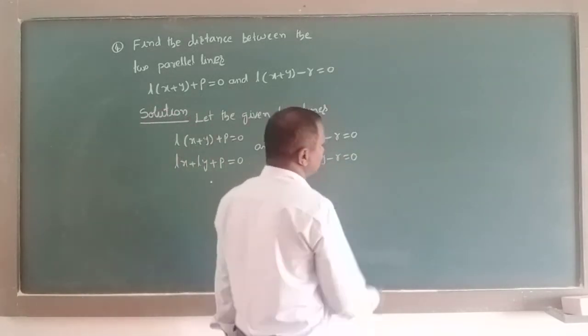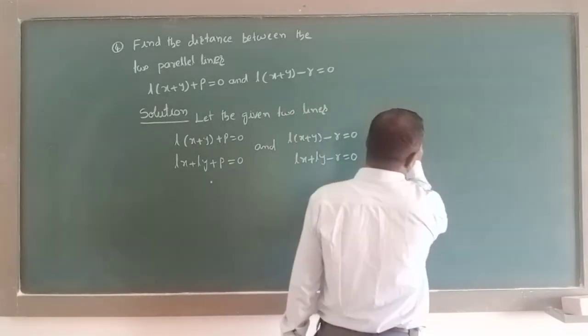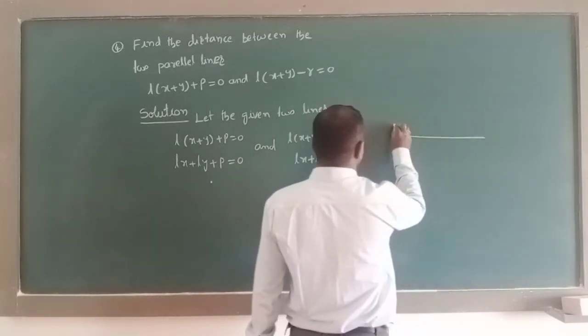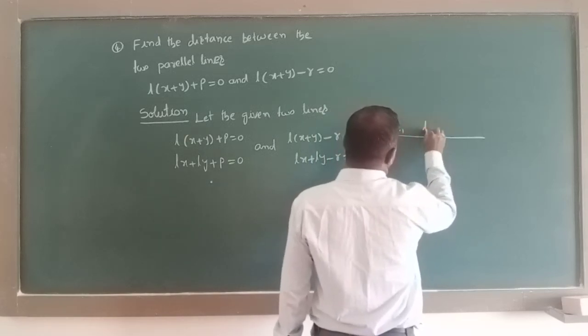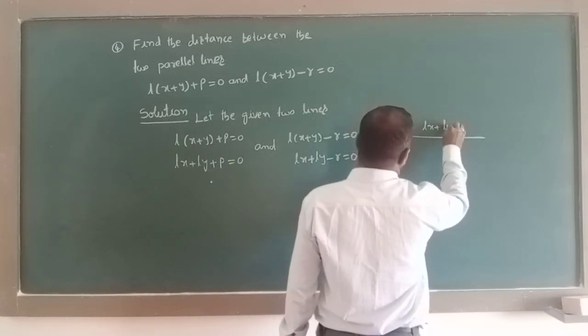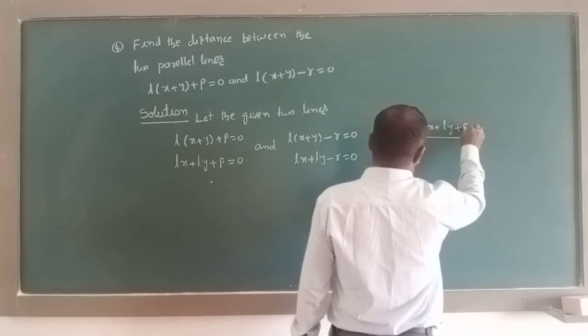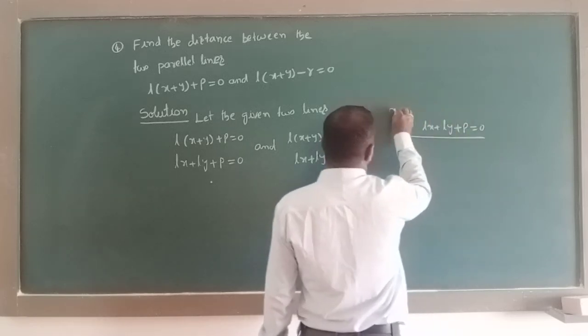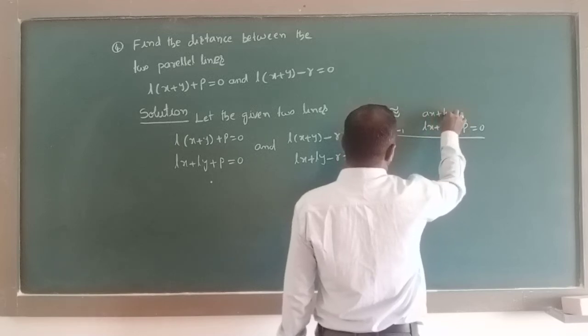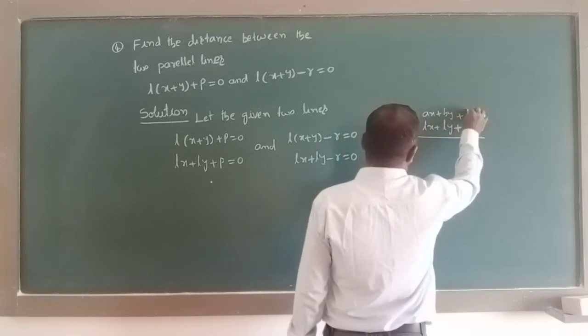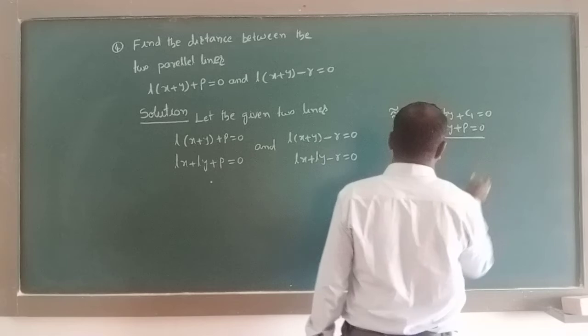So here diagrammatically I am showing, it is L1. L1 means Lx plus small letter Ly plus p is equal to 0, compared with ax plus by plus c1 is equal to 0.